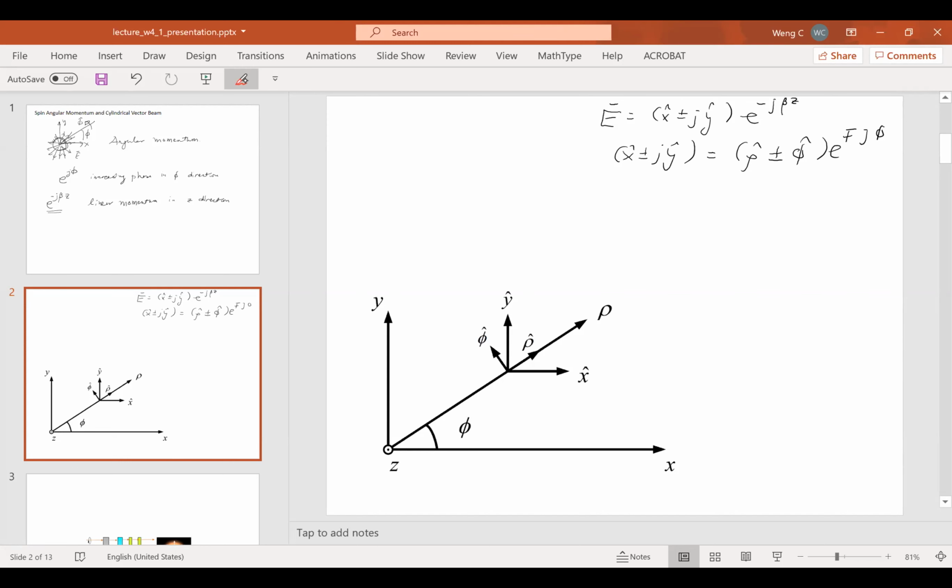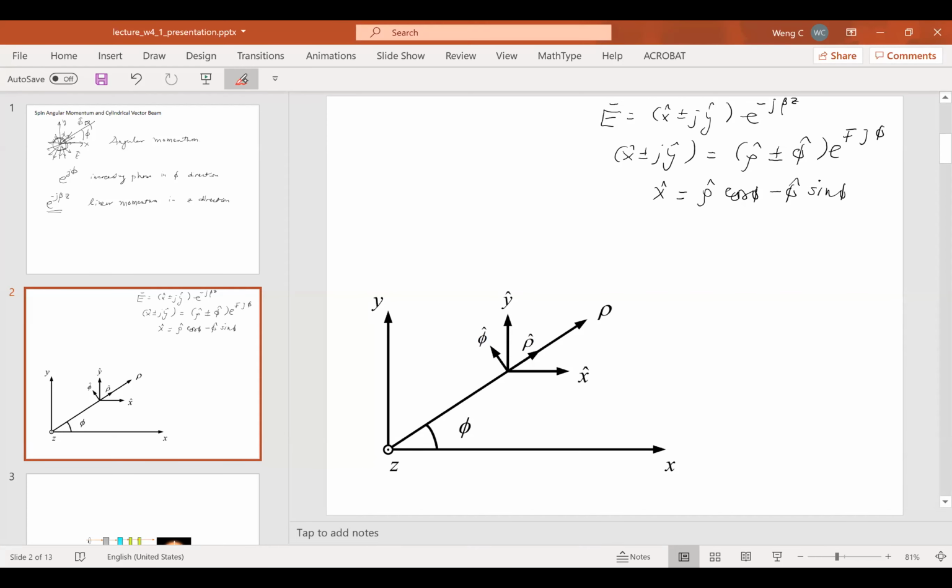Okay, how you do this is to notice that x hat is a unit vector, and this x hat unit vector can be written in terms of rho hat cosine phi minus phi hat sine phi. Okay, you can go to this picture again.